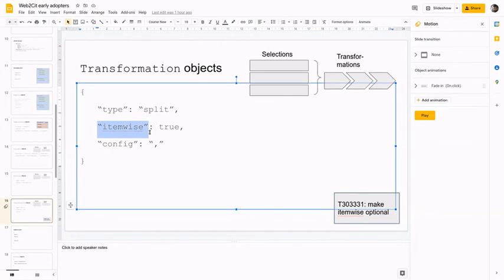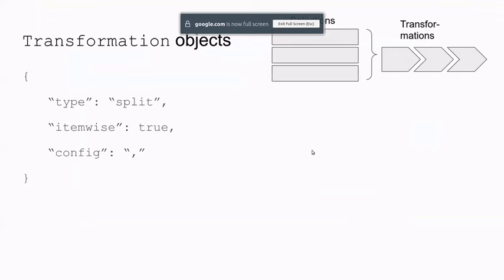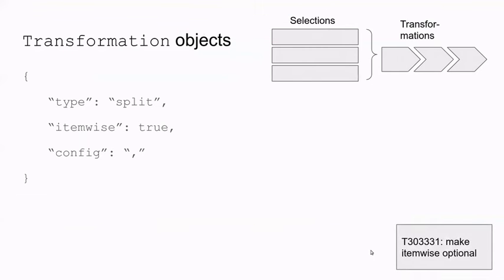this item-wise property. Mainly and very briefly, because we plan to, sorry, let me go full screen again. We plan to make this optional. You can read more about this in this Phabricator task down here. The item-wise configuration simply says, if you want to apply this transformation to the whole input as a whole, to the input of, sorry, let me be clearer.